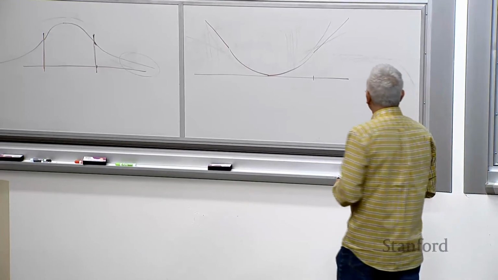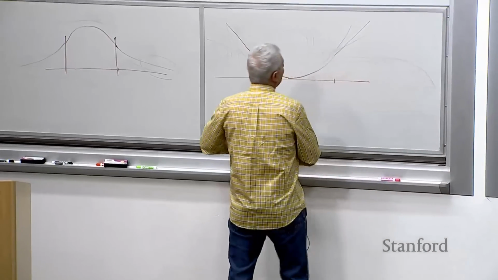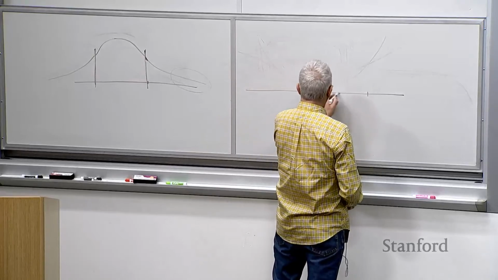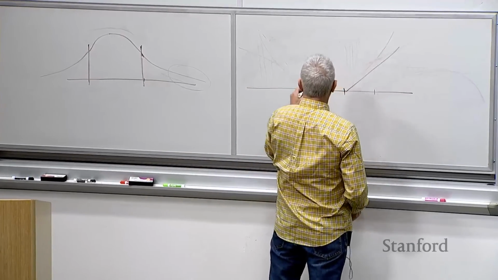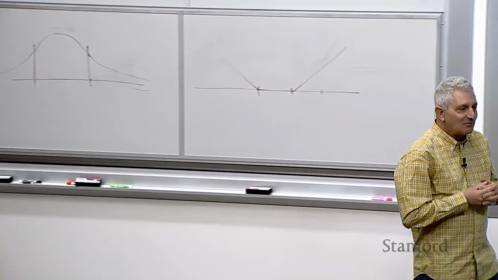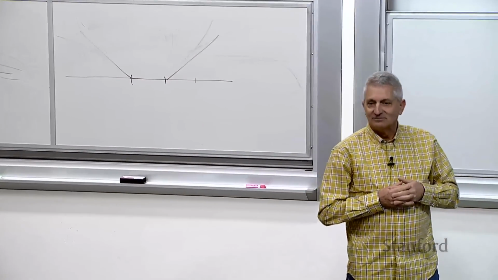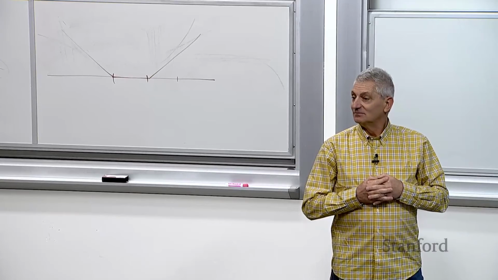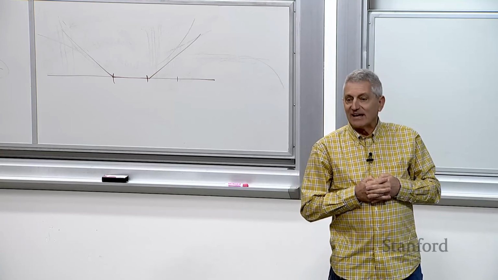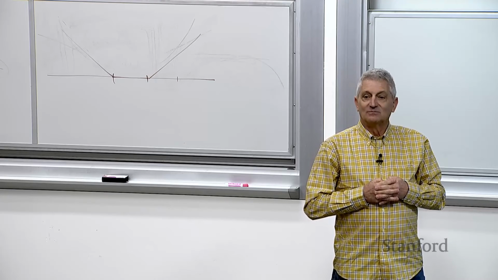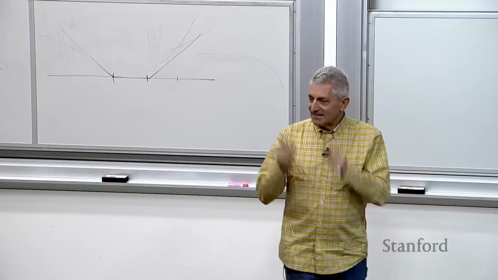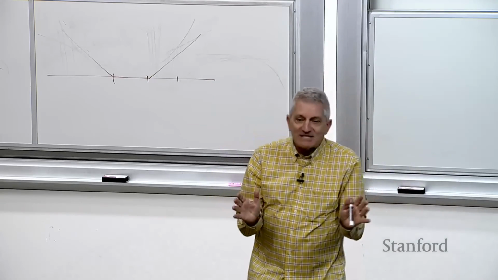What if I did fitting with a dead zone linear penalty? That's maximum likelihood for what? What's your noise density for that? Yeah, you say, well, my noise is this.